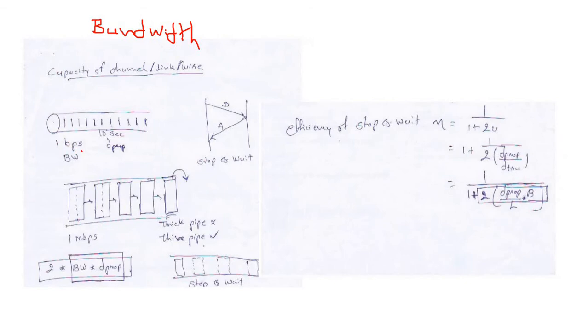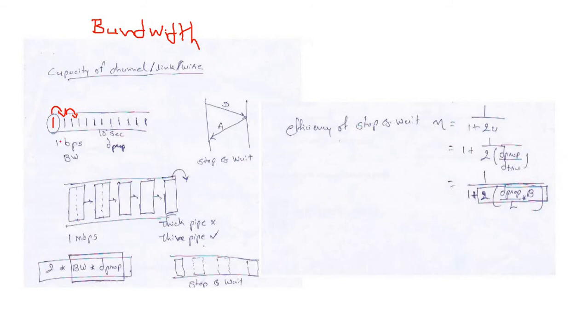Bandwidth is 1 bit per second. It means per second we are able to transmit 1 bit. Suppose that is our first second. What happens in the next second? That bit will move forward, and a new bit will arrive here. So at the second moment, we are transmitting the second bit. Again, that bit will move forward and the third bit will arrive.